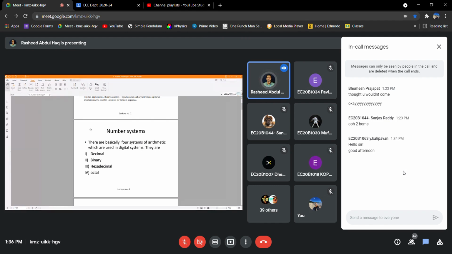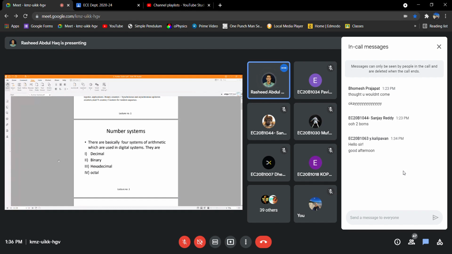So we have basically four number systems: decimal, binary, hexadecimal, and octal. We are all very familiar with the decimal number system, but the binary and other number systems will be new. But they are very similar to the decimal. In the decimal number system we have 10 numbers, from 0 to 9, whereas in binary, just as the name suggests, there are just two numbers, 0 and 1.